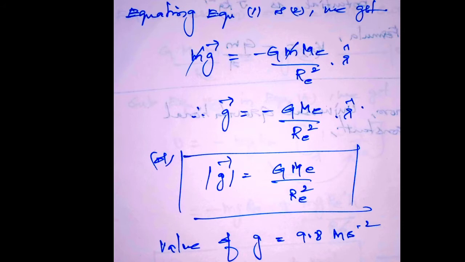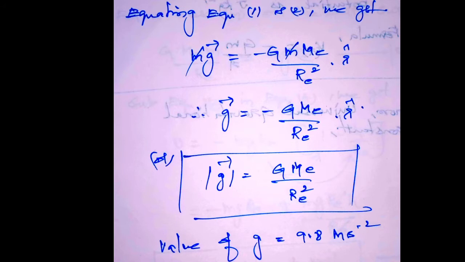Now considering the magnitude, the vector symbol will be removed, and it is represented by the modulus value. Therefore the modulus of g is equal to G ME divided by RE square.